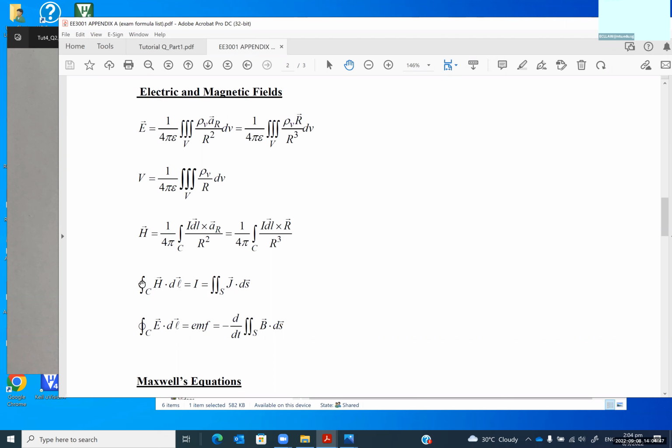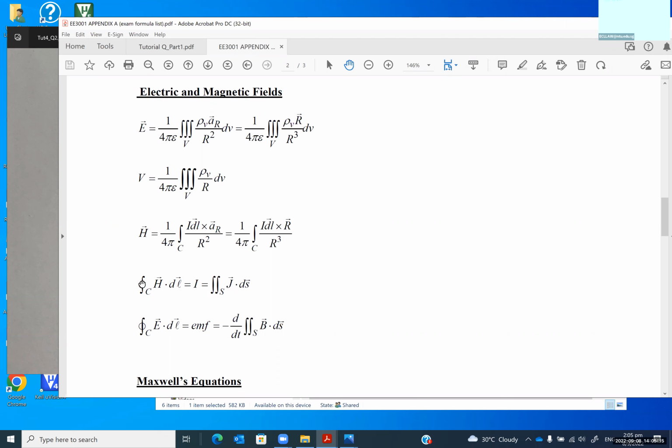Circle. Why circle? Why not a triangle? Louder, louder, I'm hearing a keyword. Because the magnetic field around this circle is the same. Excellent. That's how you choose the path.